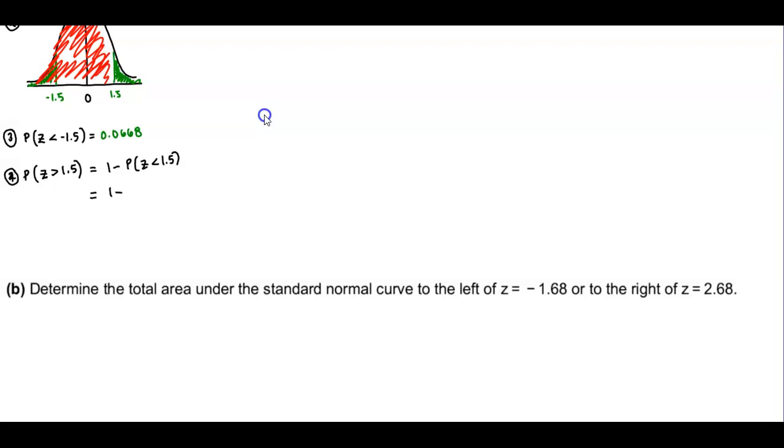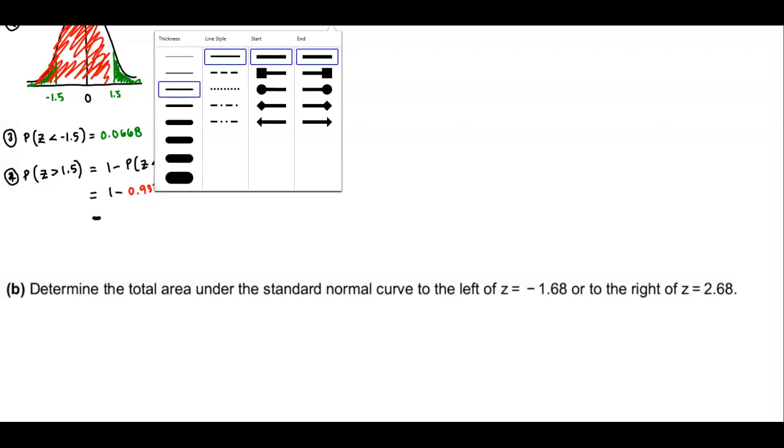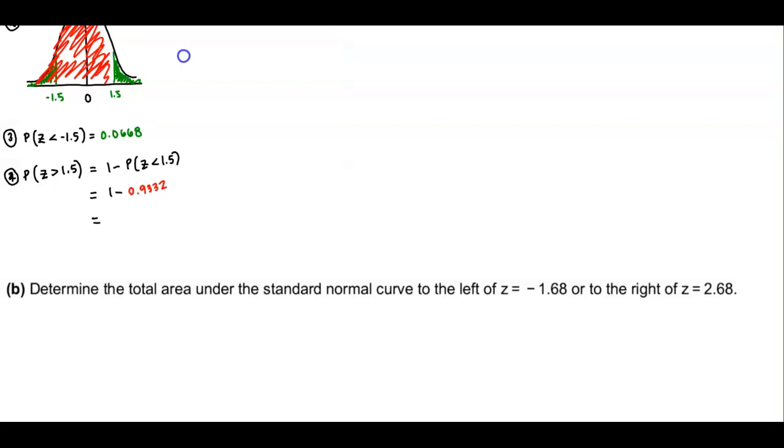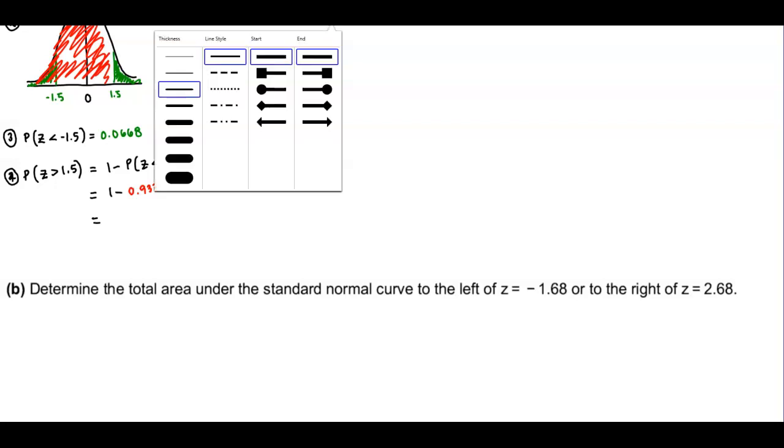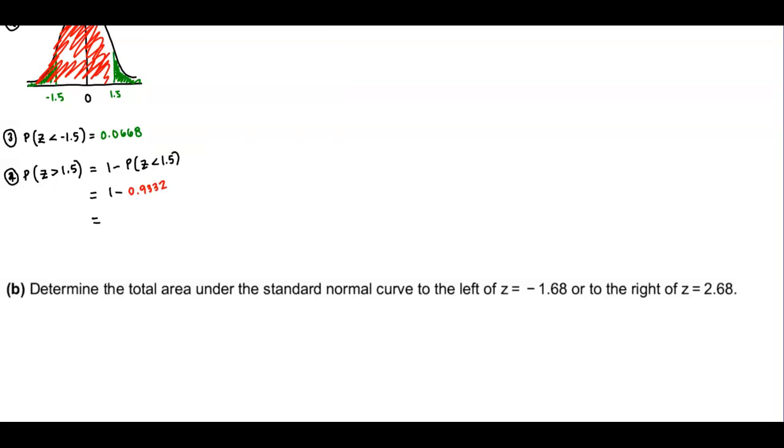So we're going to subtract the 0.9332. And therefore the area now to the right, when we subtract that, is going to give us also 0.0668.